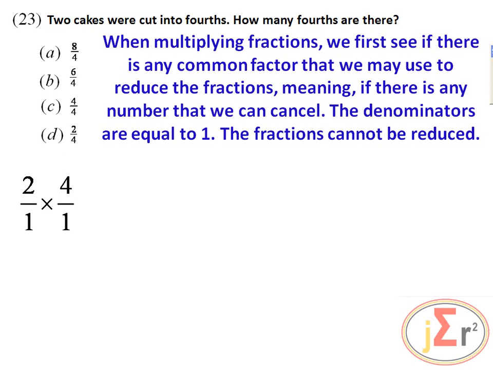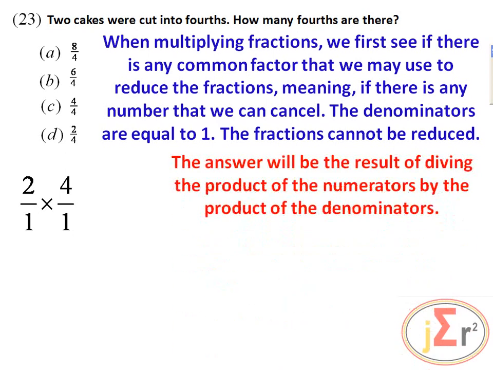When we cancel, we are actually reducing the fractions to a lower term. The denominators are equal to 1. The fractions cannot be reduced to any lower terms, because if we divide anything by 1, we will get the same thing. So it cannot be reduced.